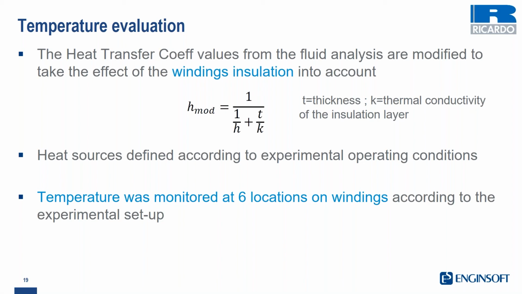So they simply modified the heat transfer coefficient to account for the thickness and the thermal conductivity of the insulation layers. The heat sources in the FEA model were defined according to the experimental operating conditions, so power distribution from the experimental data, and the temperature was monitored at 6 locations.